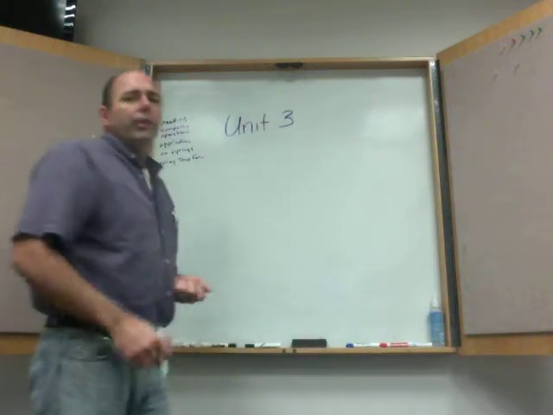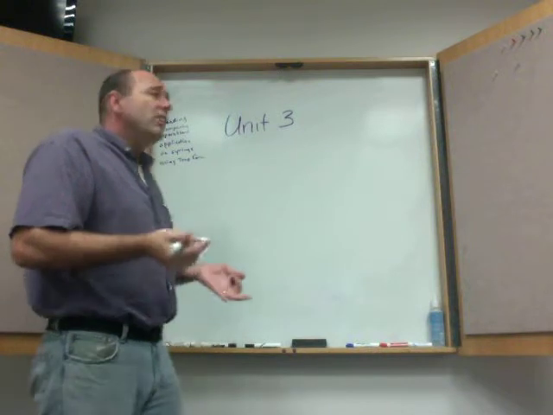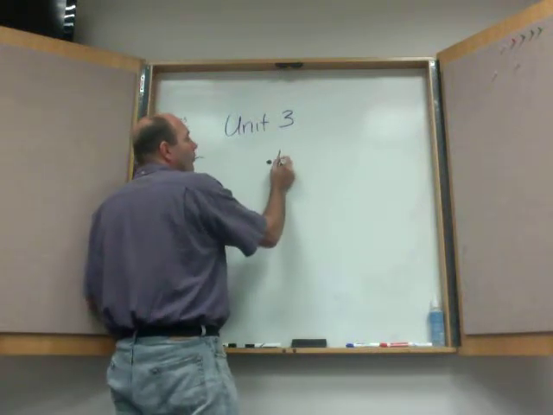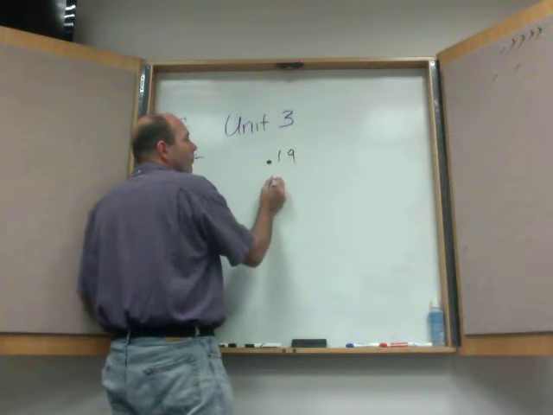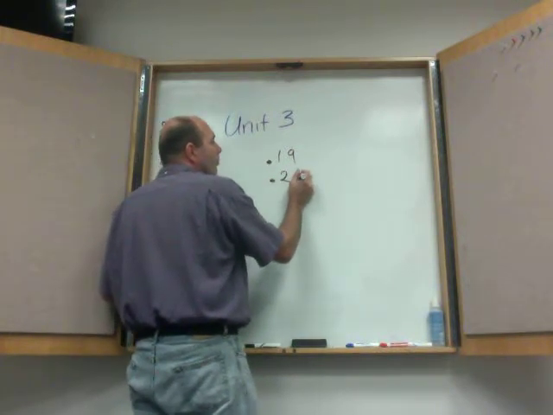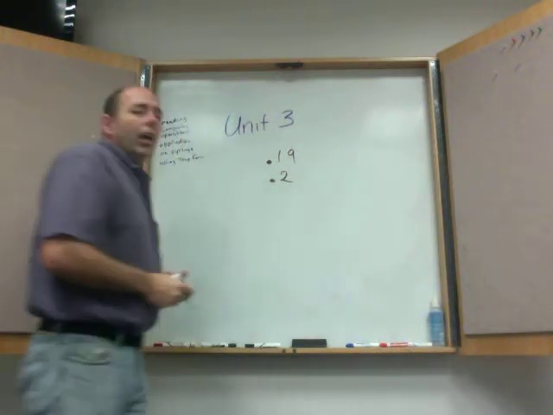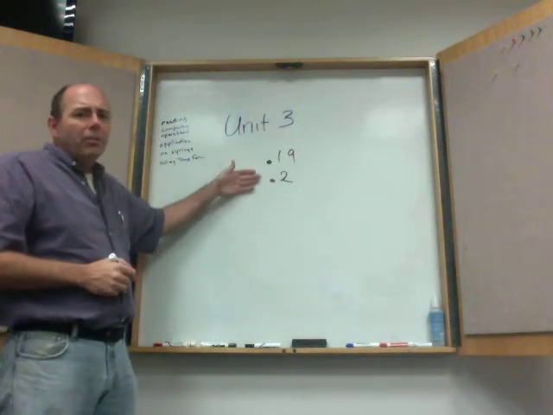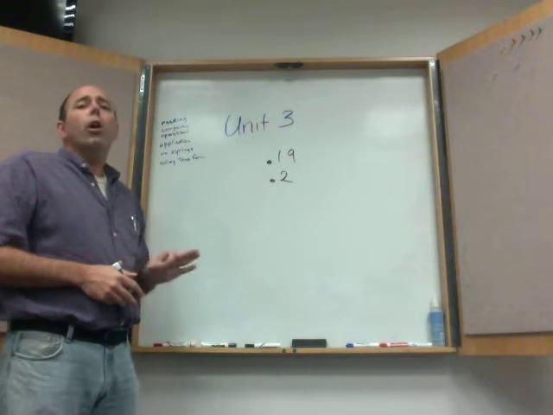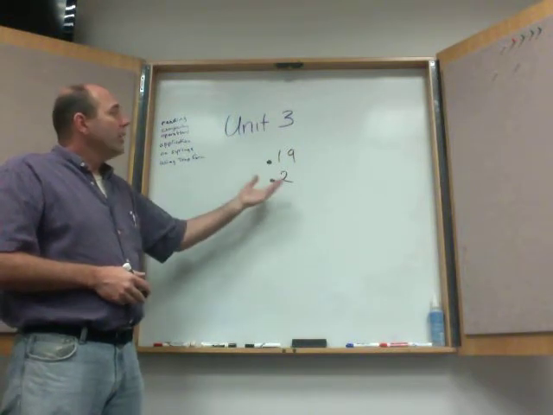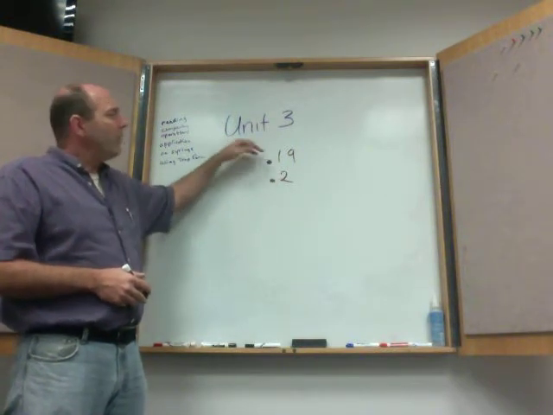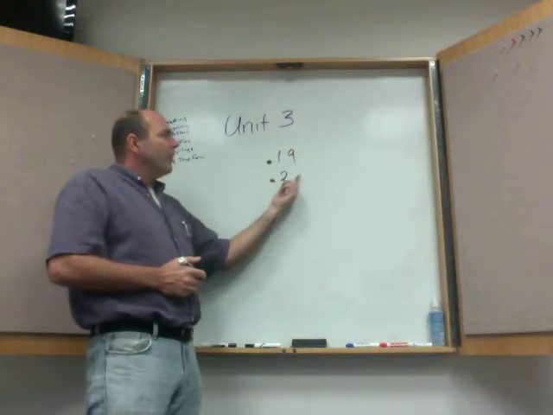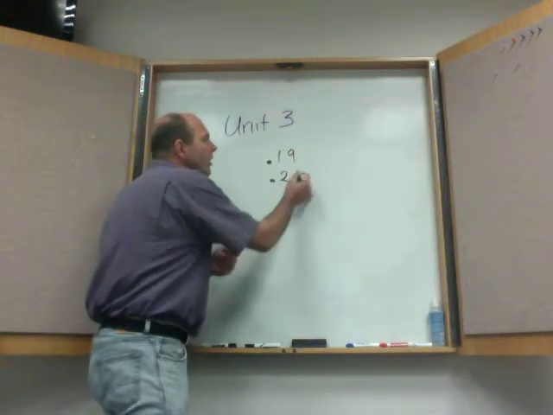Okay, when you're comparing decimals, that can be a little bit tricky. If I look at something like, if I look at those two numbers, I look at them and say, oh, 19, that's bigger than 2, right? Wrong. When you're looking at decimals, the easiest way to compare them is if they have the same number of place values. This one here doesn't have a hundredth, so let's give it a 0.